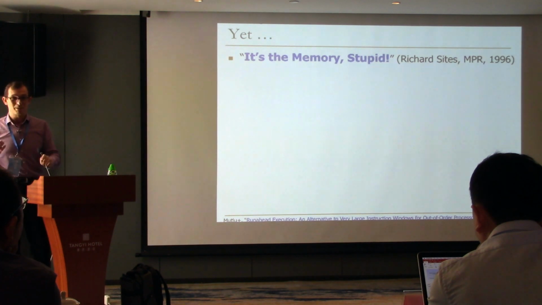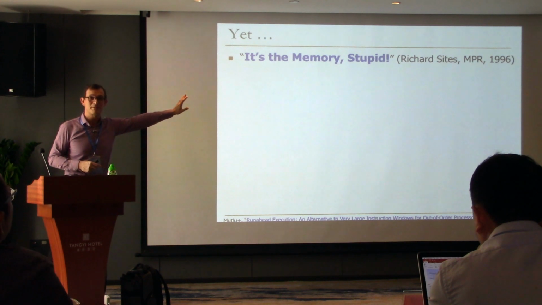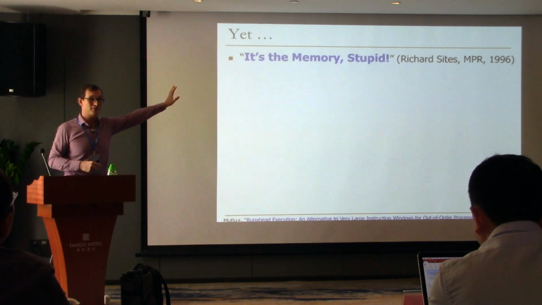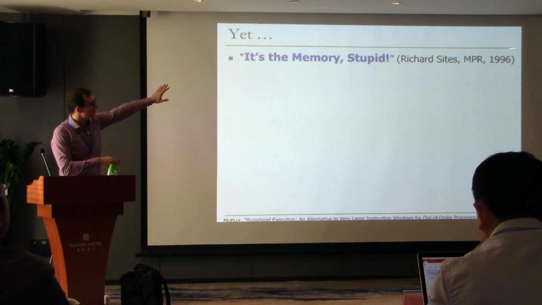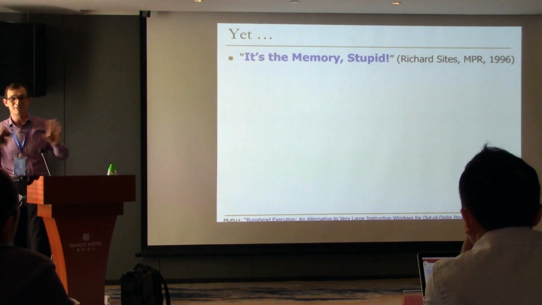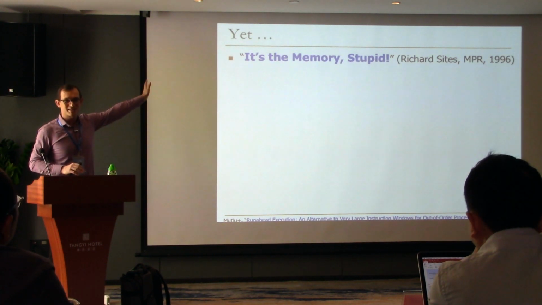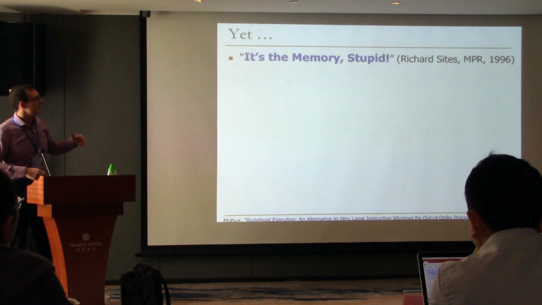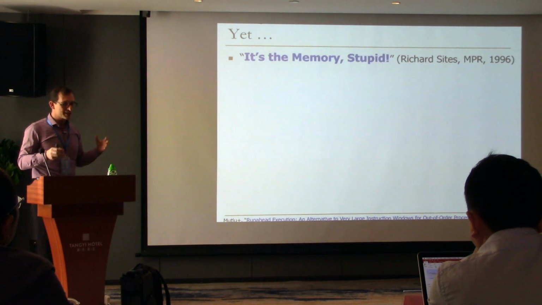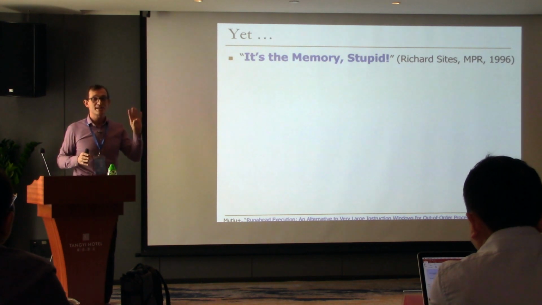And we know that actually the problem is really memory. This is a quote from Dick Sites, who designed some of the fastest processors of its time, Alpha processors. He wrote this one-page article in Microprocessor Report in 1996. I would recommend everyone to read this, actually. It's a beautiful article. And the title is basically, It's the Memory, Stupid. He basically says that we designed this processor to be the fastest of its time. It's able to finish 4 instructions every cycle.